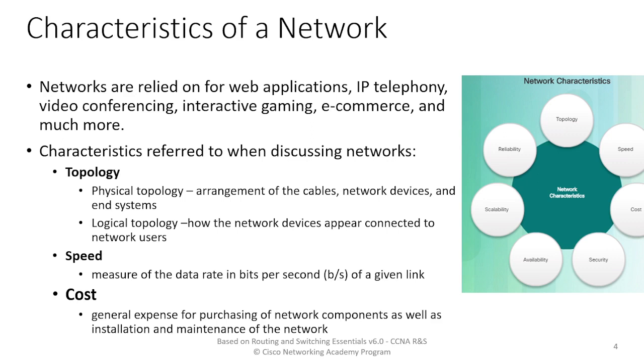So overall, we can define a number of key characteristics that we would like when we discuss a particular network. So the first one is topology. This is something that you would be familiar with from your previous courses.